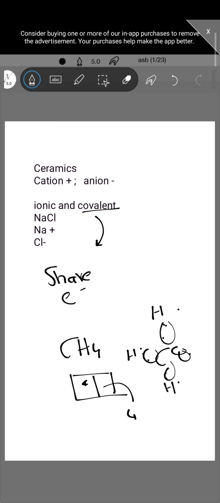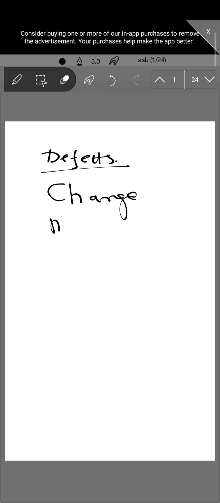Now, in the case of ceramics, the defects also will be different. There will also be an absence of atoms or interstitials, as we have seen in the case of metals. Those will be in such a way that the charge neutrality is maintained.